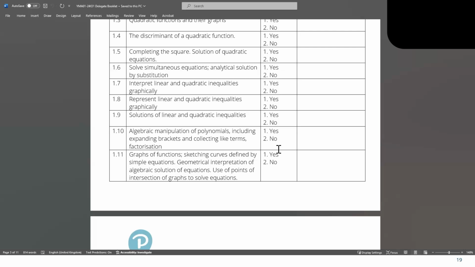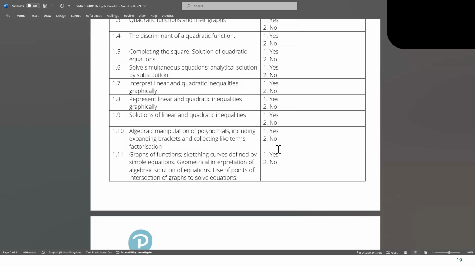Represent linear and quadratic inequalities graphically: again, it's partly yes. Regions defined by linear inequalities we have. Solutions of linear and quadratic inequalities: the linear part is a yes. There are some easy quadratics on the Edexcel International GCSE, so we expect slightly more challenging ones in the international A-level.